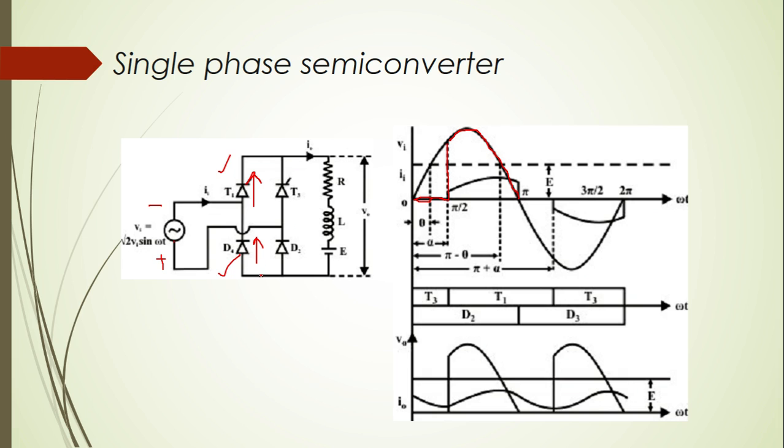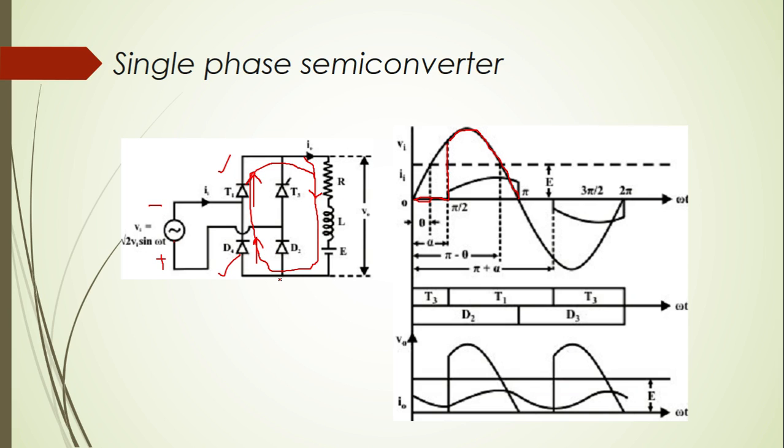When T1 and D4 conduct, the entire load current flows through D4 and T1. So the energy stored in the inductor will be dissipated through D4, T1 and the load RL in this closed circuit.